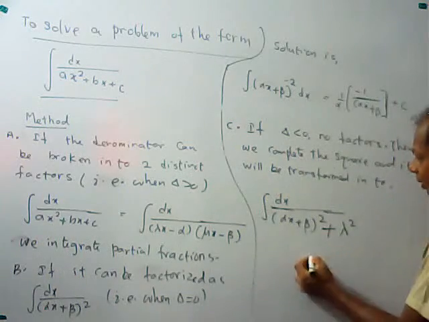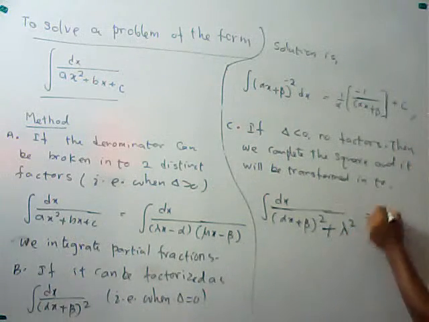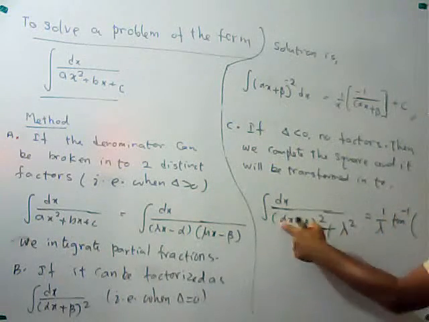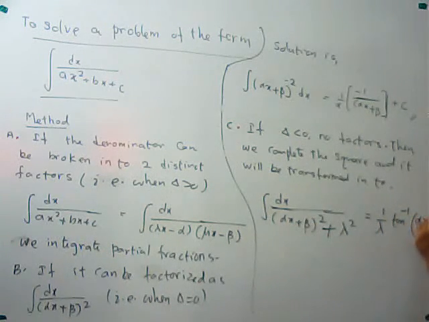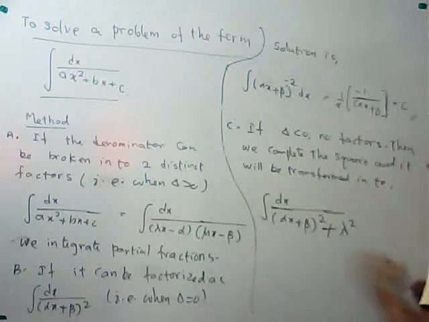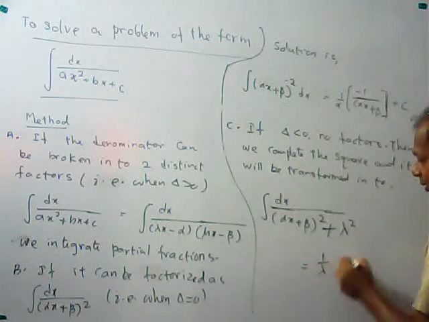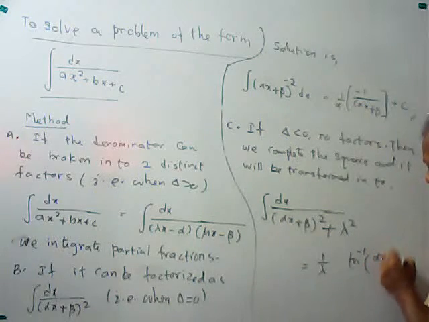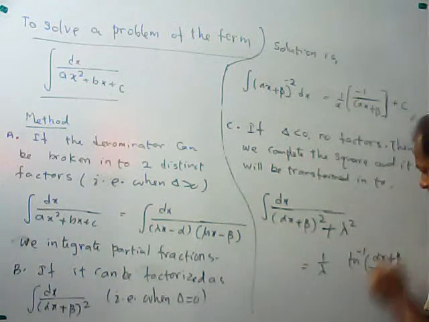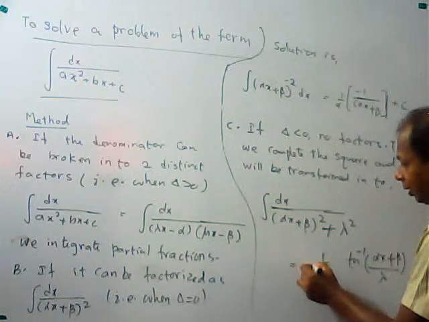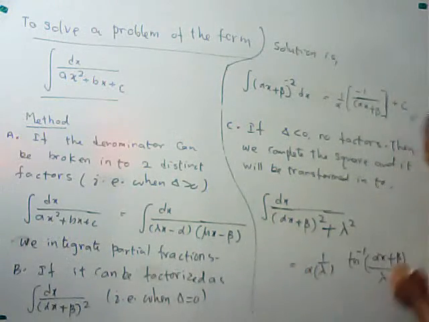So it's equal to 1 over lambda tan inverse of alpha x plus beta divided by lambda. Further, because it is alpha x, you have to divide this by alpha also, right? And plus the constant.